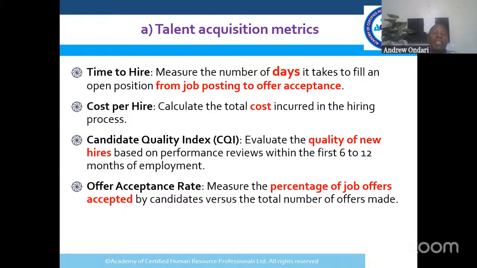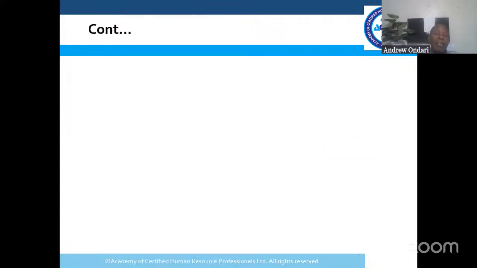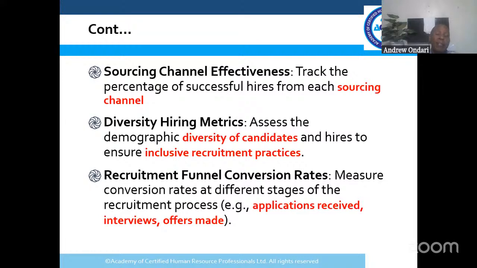The other aspect of talent acquisition is the method or the channel of sourcing. I said yesterday that there are many sources of candidates. One is institutional learning, two, the open job market, three, walk-ins, those people who walk into the organization prospecting for jobs.